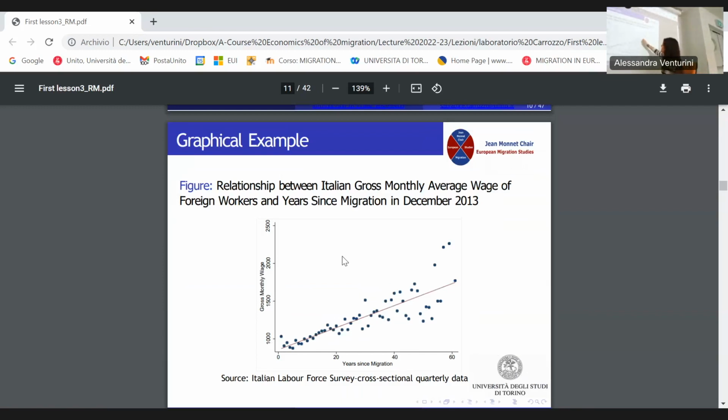The errors are the distance between each point and the line, that is, the relationship approximated by our regression. Imagine that we have epsilon here. The closer the points are to the line, the better is our research hypothesis.